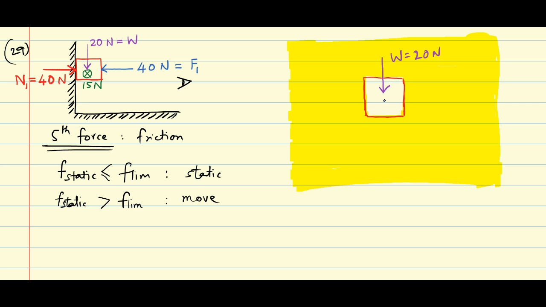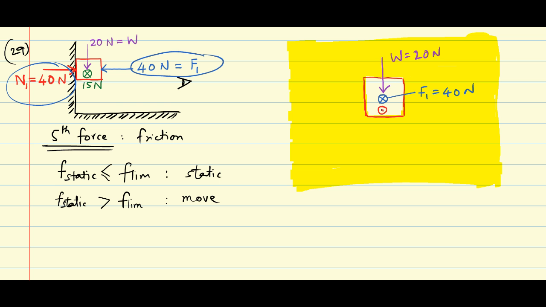Now according to this particular observer, the 40 Newton force F1, this one, goes into the plane of the computer screen. So this is F1, the value is 40 newtons, and the normal reaction N1 comes out, so that's another force. I'll just place it somewhere within the boundary of the block.